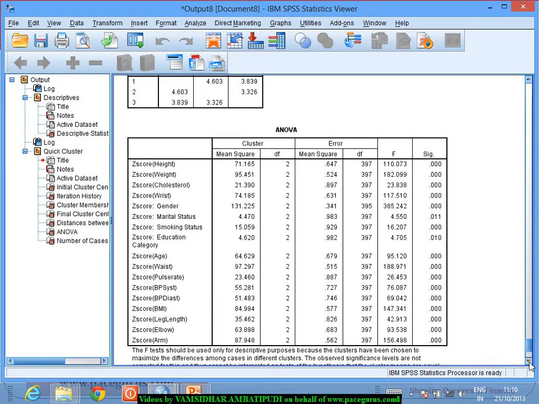this is the table wherein it will tell you which variables are contributing very heavily to your cluster.